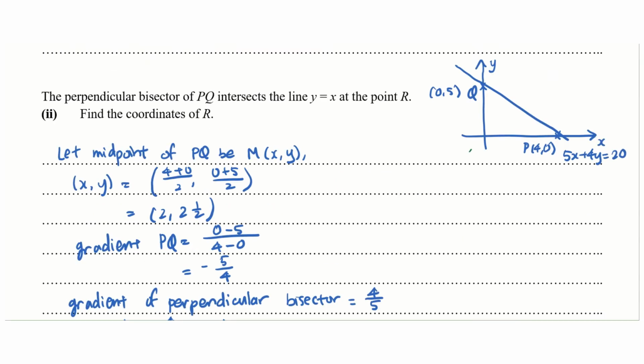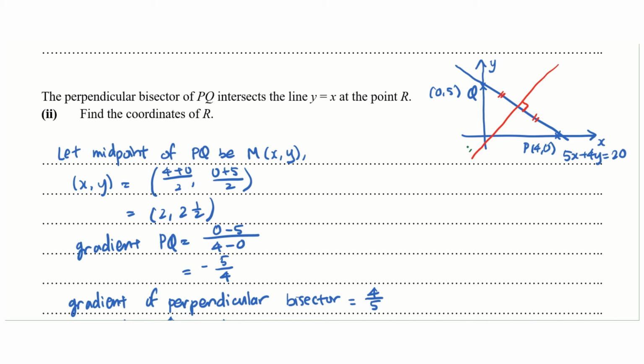Moving on to part 2, we are given that the perpendicular bisector of PQ intersects the line y equals x at the point R. So let us put some information into our diagram. We have a perpendicular bisector of PQ, probably something that looks like this. The perpendicular bisector is going to bisect the line PQ, and then it will intersect the line y equals x.